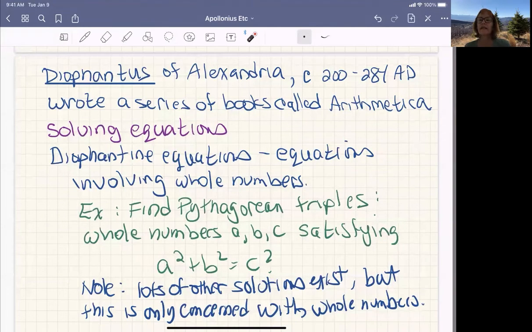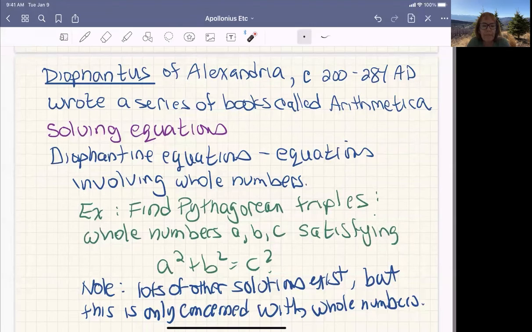Now, we've already seen an example of a Diophantine equation, so let's just look at that. The example that we've already seen is the example of Pythagorean triples. So those are whole numbers a, b, and c, satisfying a squared plus b squared equals c squared.